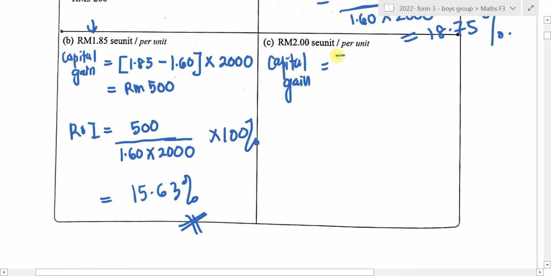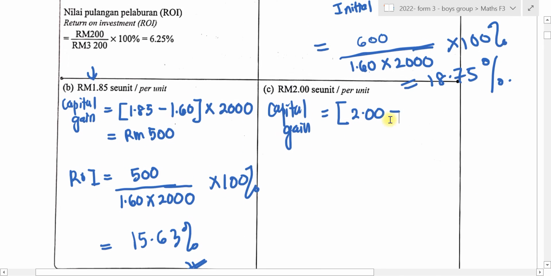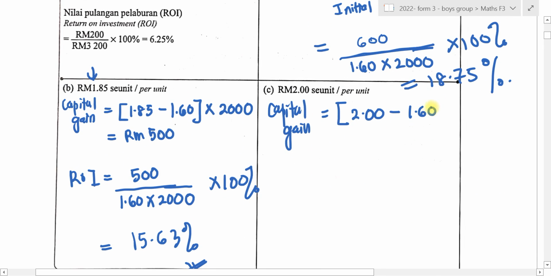And then finally, Ishwar, help me. This one, 2 ringgit per unit. So 2.00, you minus the original price is 1 ringgit 60 cent per unit. And you buy it for 2000 units. So times by 2000 unit. Okay. So how much is this, Ishwar? 800, sir. 800. Okay. Now you find the ROI. How much return I get? This 800 is how big I get compared to my investment.